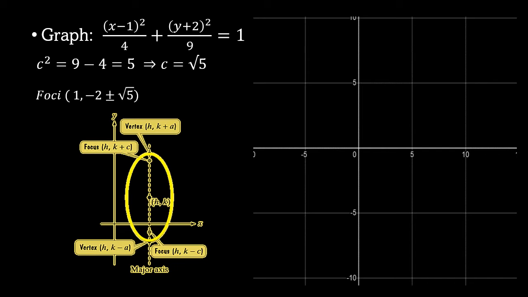First, we're going to graph the ellipse at the center. And then we're going to translate it to the new center of coordinates 1 and -2.